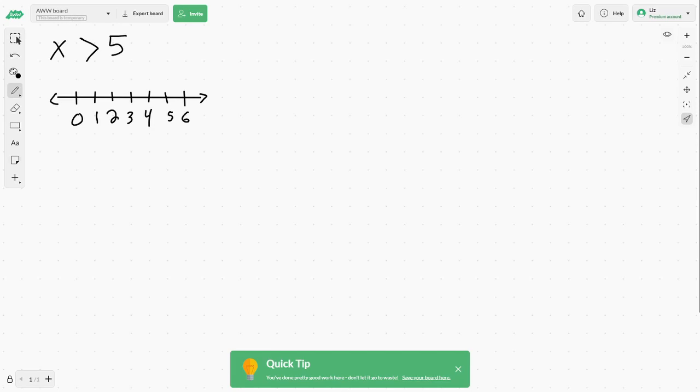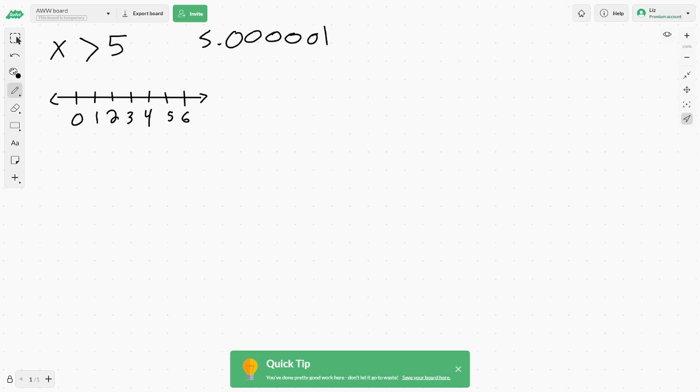Well, 3 is not greater than 5, 4 is not greater than 5, 5 is not greater than 5, but 6 is greater than 5, and everything in this direction would be greater than 5. But what about 5.000001? That's greater than 5.